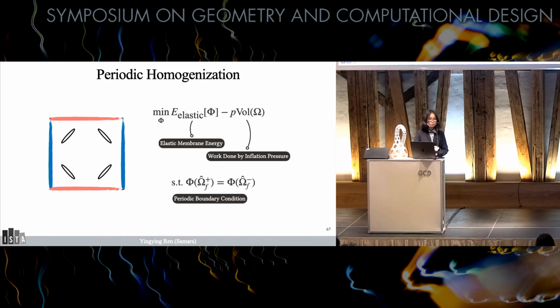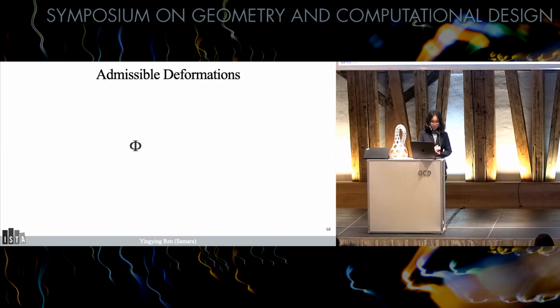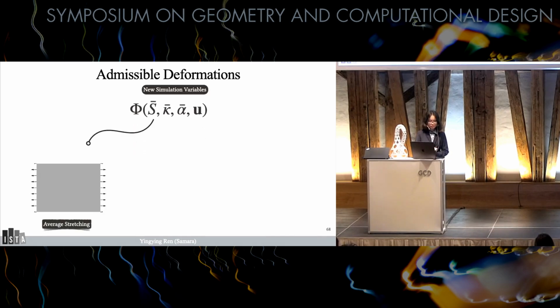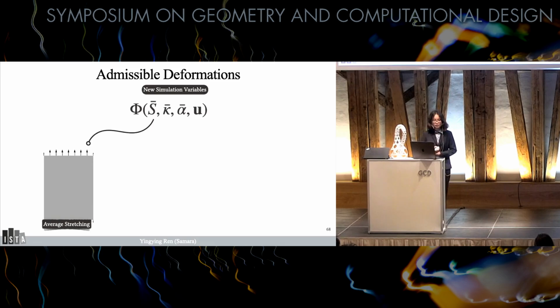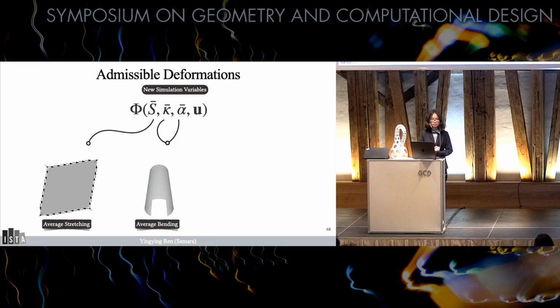To do that, we'll reparameterize the deformation of the unit cell using 4 variables. The first variable, S bar, is a symmetric matrix that parameterizes the average in-plane stretching. Then we have kappa bar and alpha bar together parameterizing the bending behavior of the unit cell, where kappa bar specifies the curvature of the bending and alpha bar specifies the bending axis.